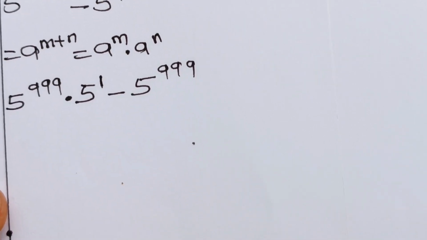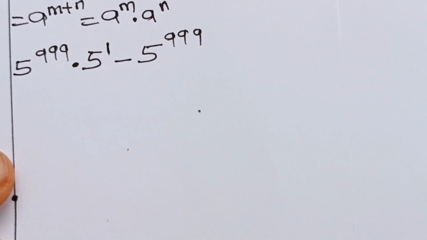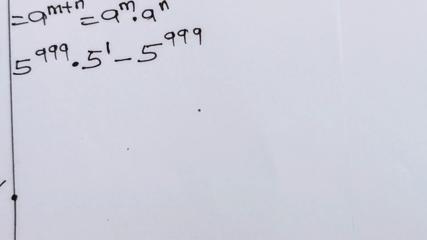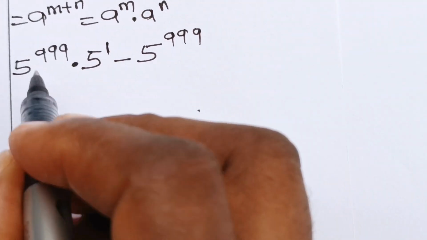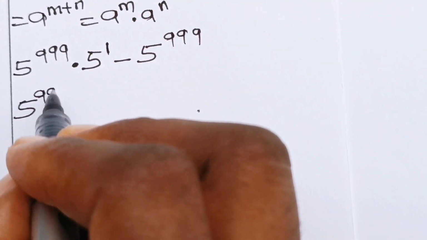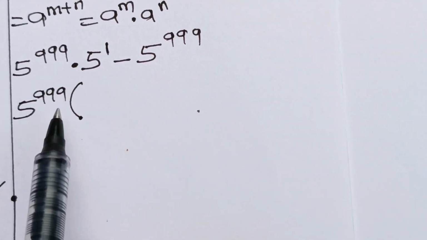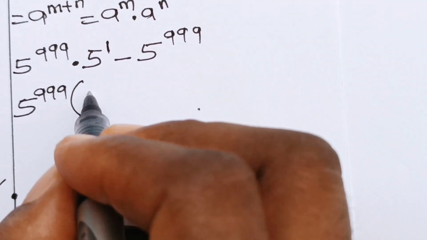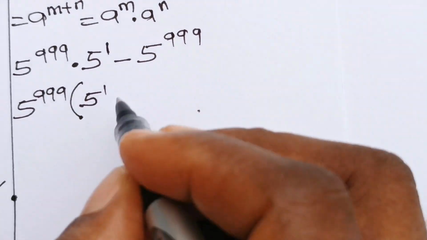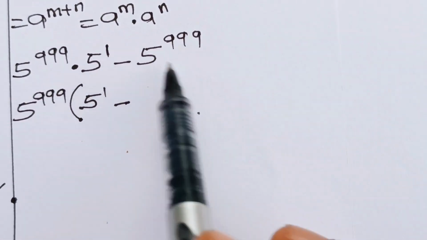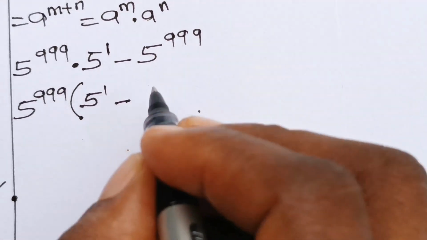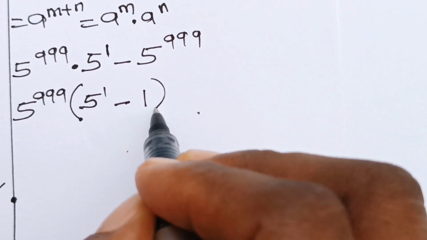Now we are going to factorize. Since they have 5 to the power of 999 in common, we write 5 to the power of 999, open our bracket. When this is divided by this, we get 5 to the power of 1 minus, when this is divided by this, we have 1.